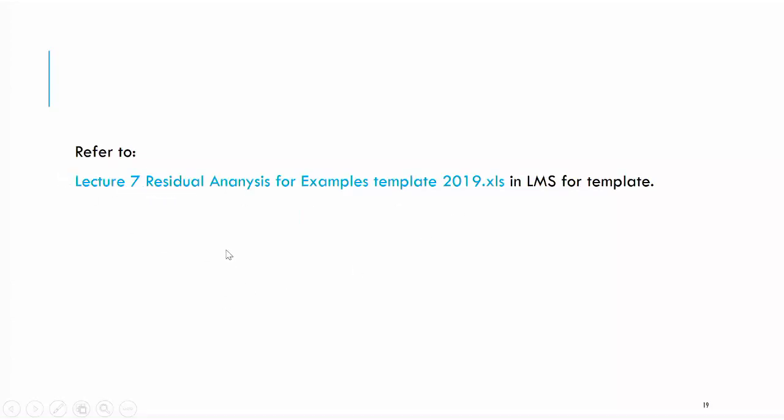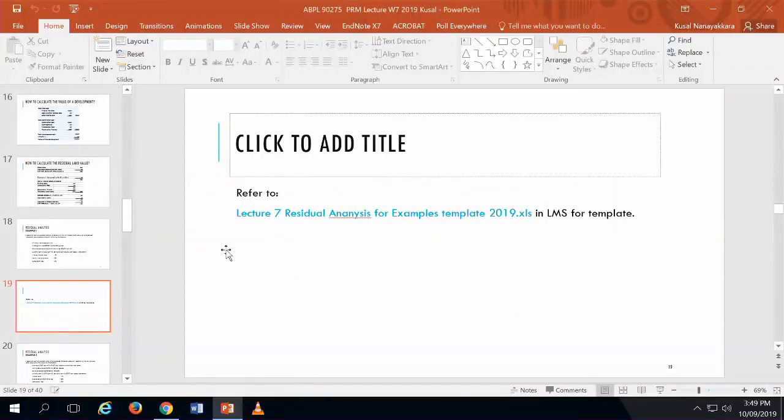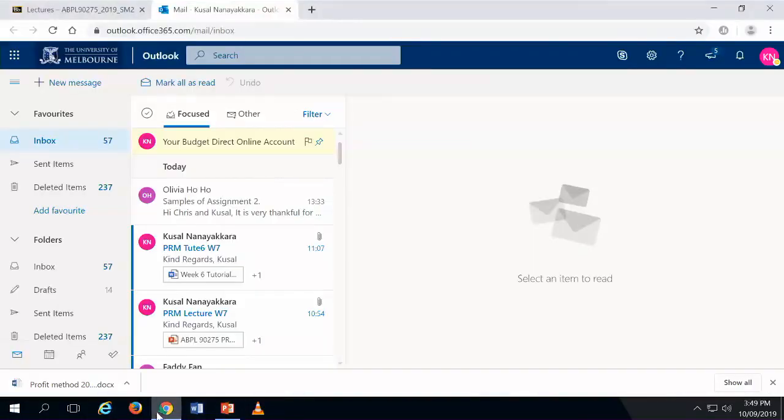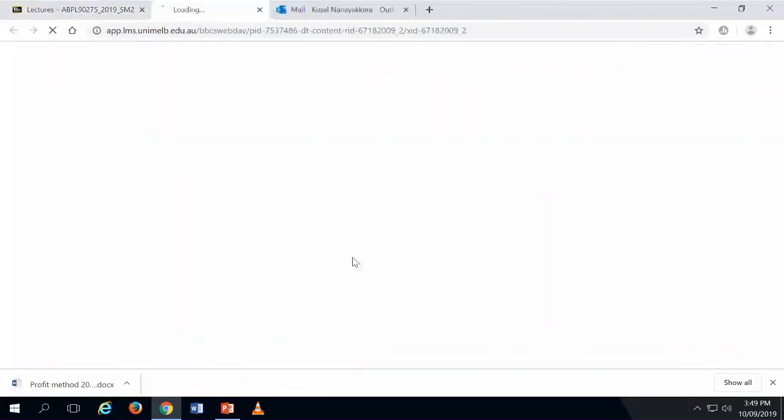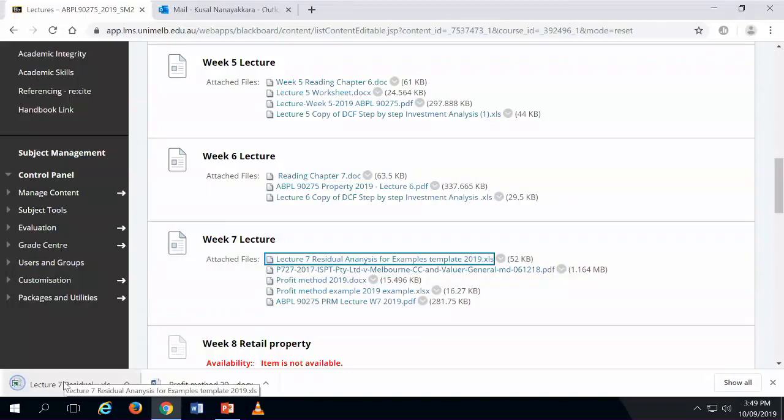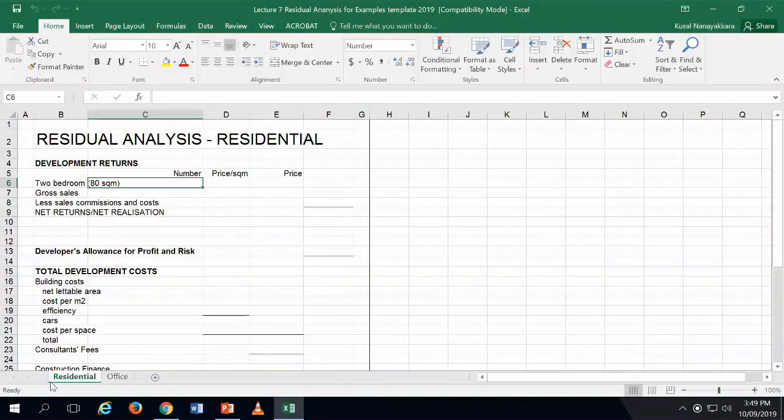I have given you the format in LMS, residual analysis template.